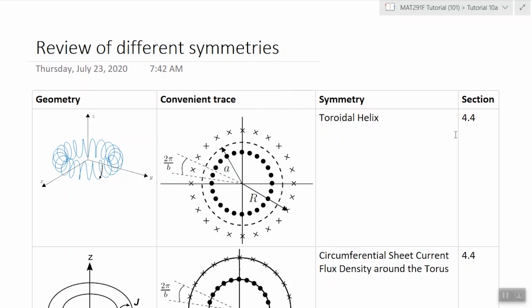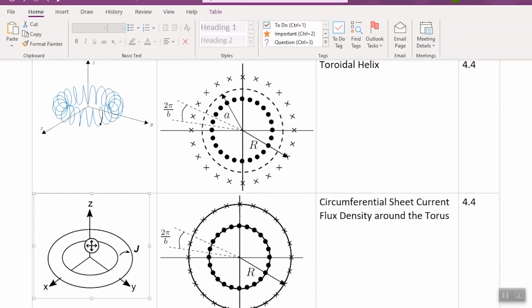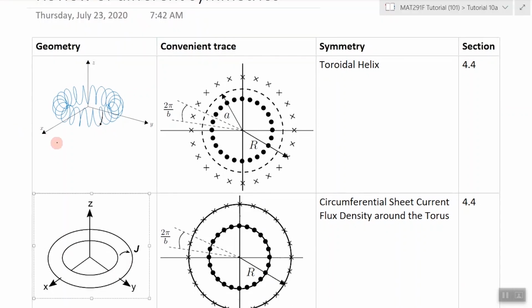In section 4.4, there is a discussion about toroidal helices. Those are similar to axial helices, but they're instead wound on a toroidal form. So you would imagine this donut-shaped object, and then there is a wire that's wrapped around it, and there is a current that is passing through this wire.